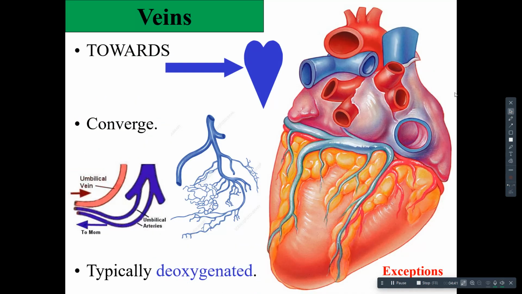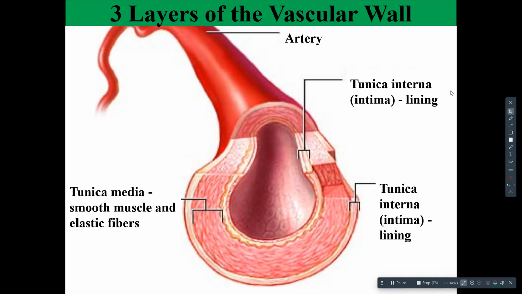Let us now talk about the basic structure of a blood vessel. Generally, we think about a blood vessel as a tube, so it has a lumen, or a space within it, and it has a wall. This vascular wall is usually going to have three layers. And we don't use the word layers. Instead, we use the word tunica.